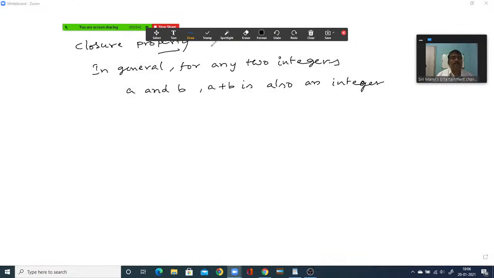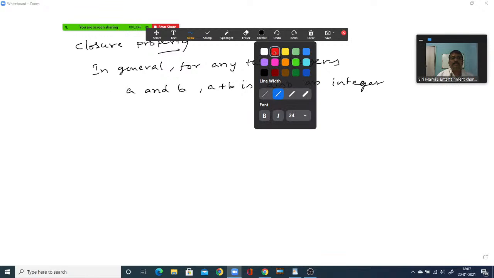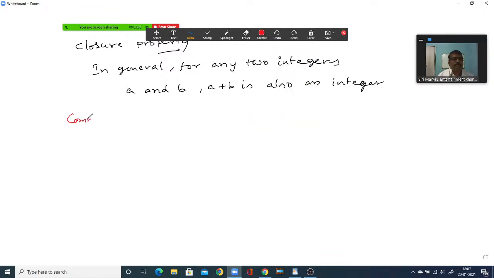Okay, now I am going to take commutative property. So I am going to write commutative property. Here I'm going to take statement 1, statement 2 and conclusion.